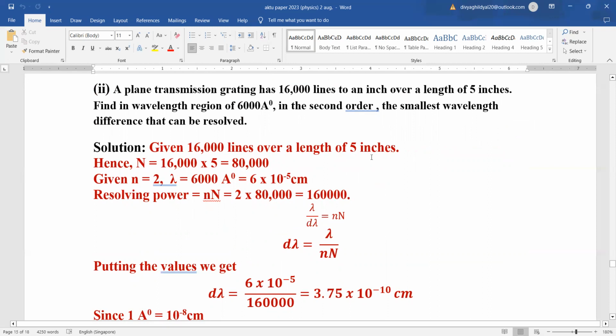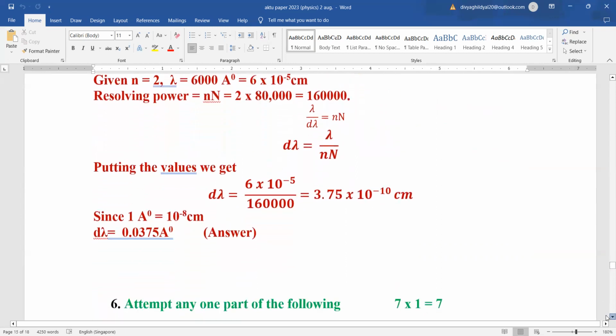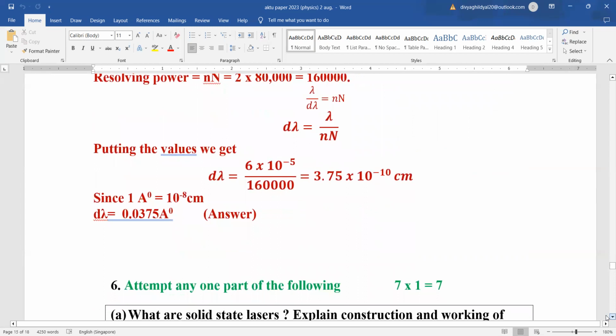And in grating, we use LPI. That means the total number of lines will be 16,000 into 5. And second order spectra, n equal to 2. Lambda, you can change it straight away. It will be in centimeters, and put the values here and get the answer.